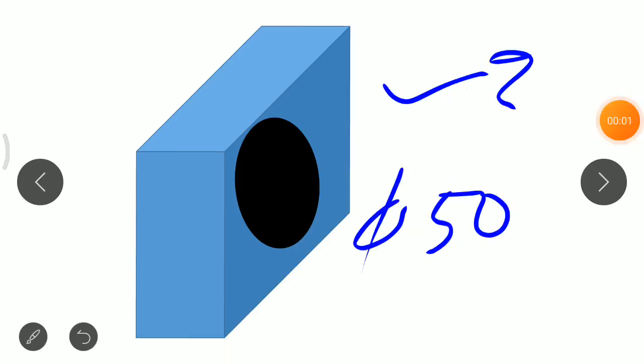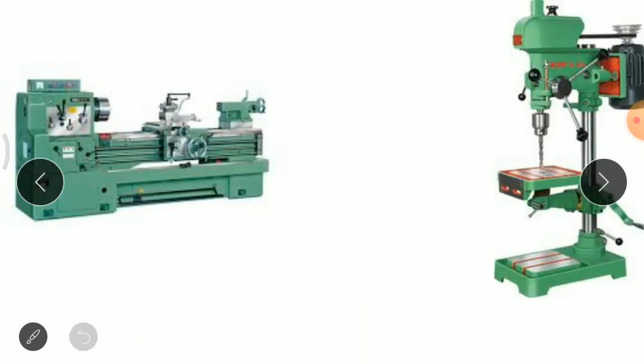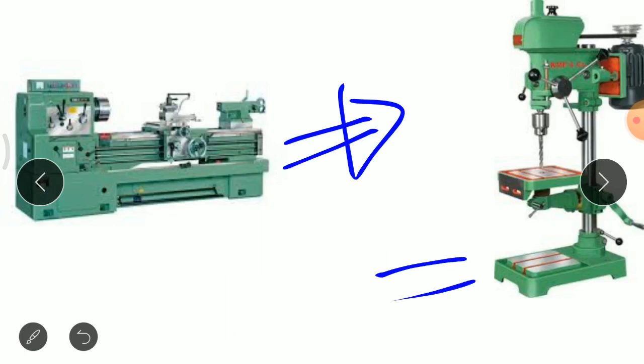But to produce any element with the exact size is time consuming and uneconomical also. Here you can see some machines on which we manufacture different holes and shafts.